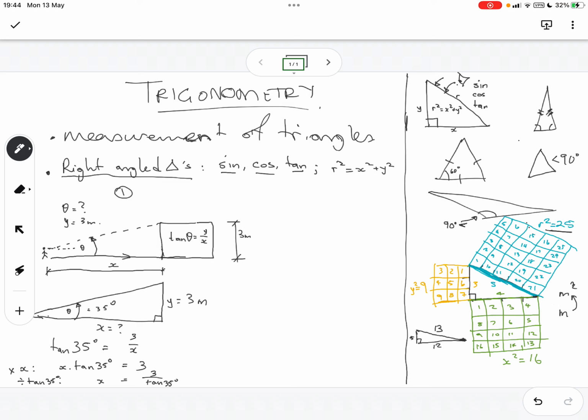Now when we are using these trigonometric ratios, it's always the trig ratio and then an angle.